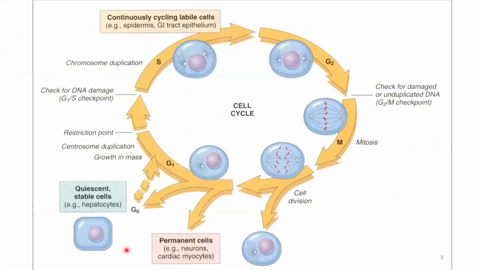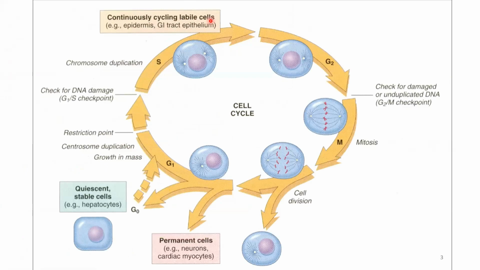So you know that there are some cells which are continuously dividing, and our oral epithelium is one such cell. Others are epidermis, that is your skin, and the GI tract epithelium. So these are called continuously cycling labile cells.